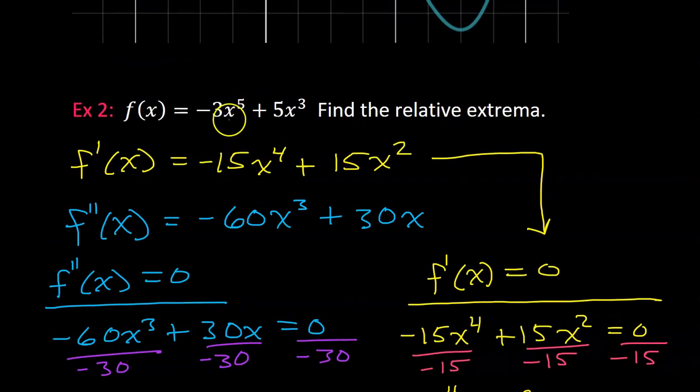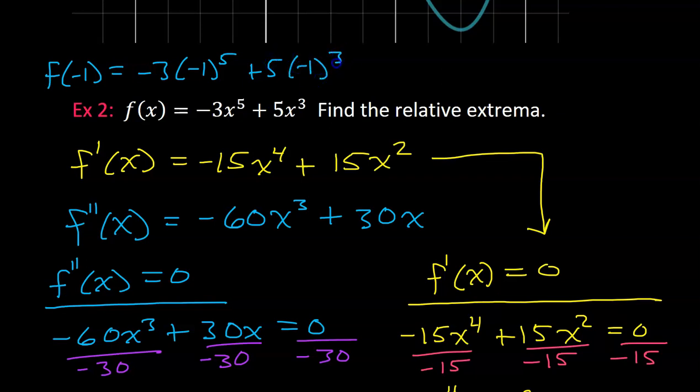If I use negative 1, so f at negative 1 will be negative 3 times negative 1 to the 5th power plus 5 times negative 1 to the 3rd power. So that's going to give me negative 3 times negative 1.